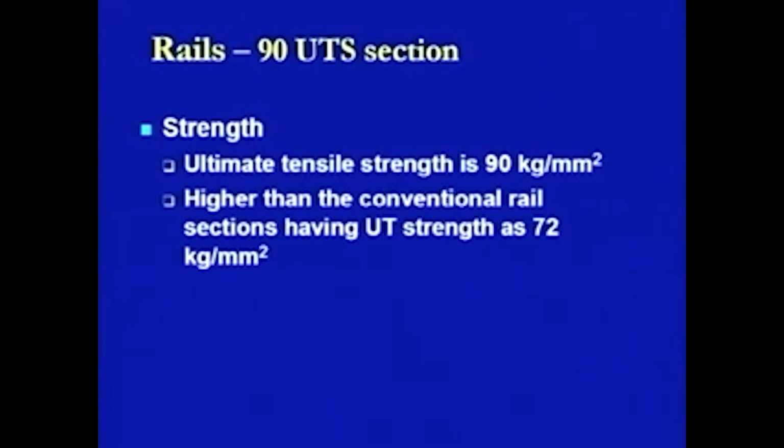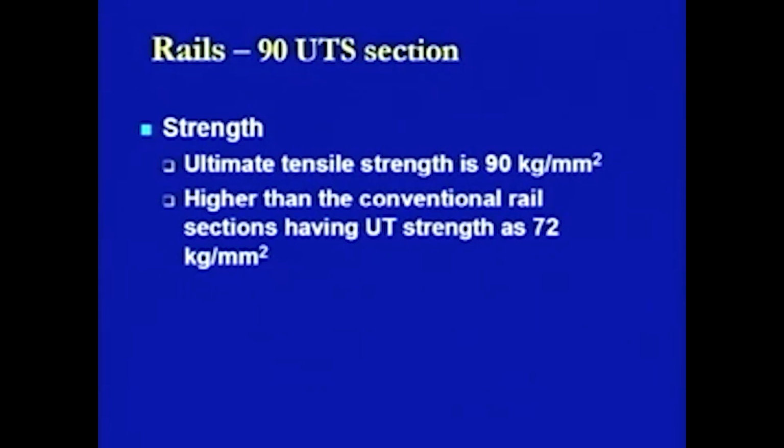Now, coming to the 90 UTS section, as we have seen, we have two types of sections which we have been using. One is 72 kg per meter rail section, the other is 90 UTS rail section, that is 90 kg per mm square ultimate tensile strength section. Now, this is a heavier section, having a better strength condition.